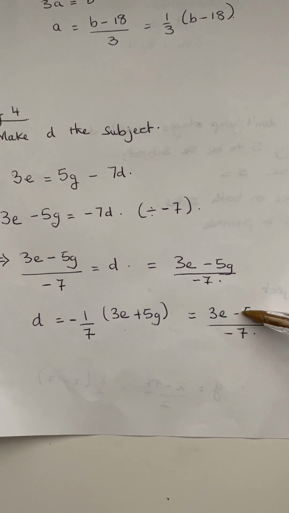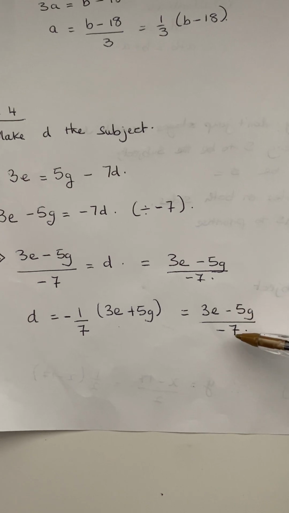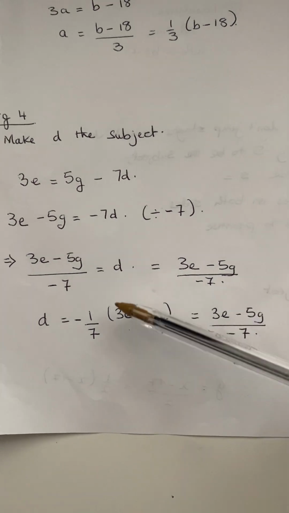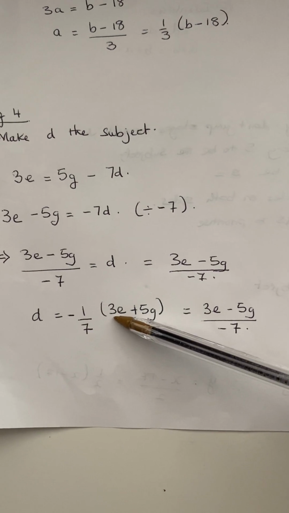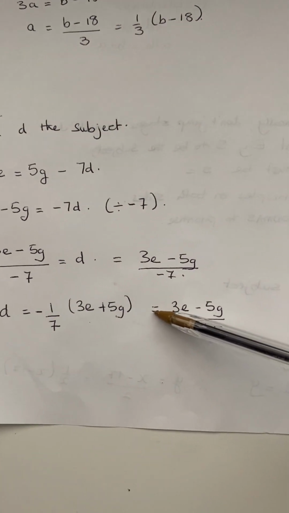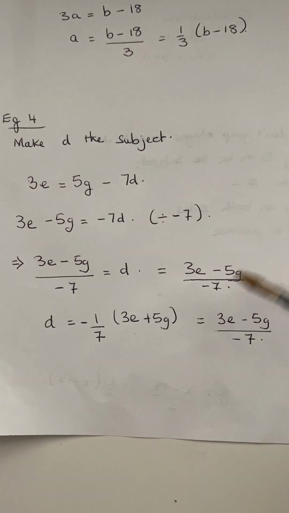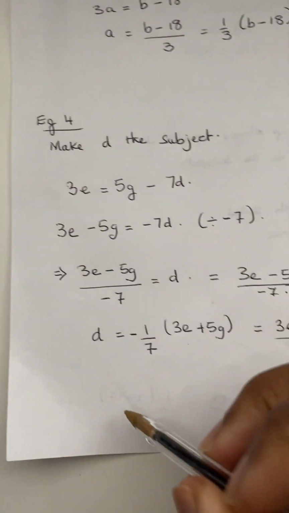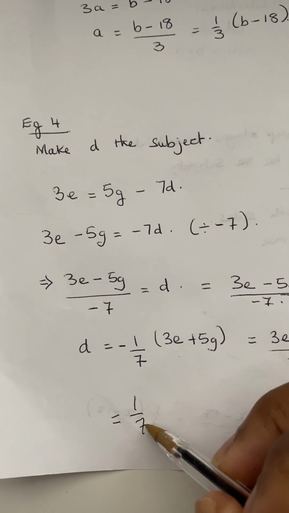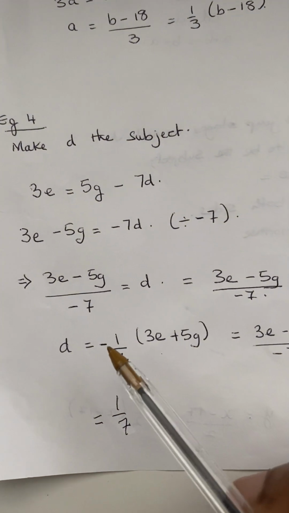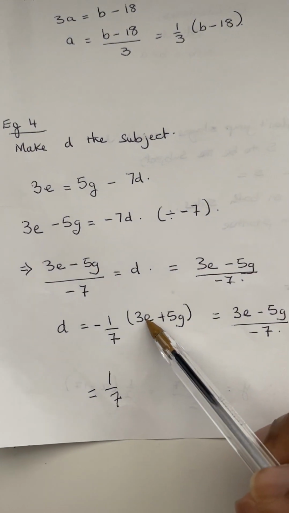3e minus 5g, all divided by 7. So I can have minus 1 over 7, 3e plus 5g. Also, if I want to get rid of the minus, I can write it as 1 over 7. Now, the minus will affect 3e.